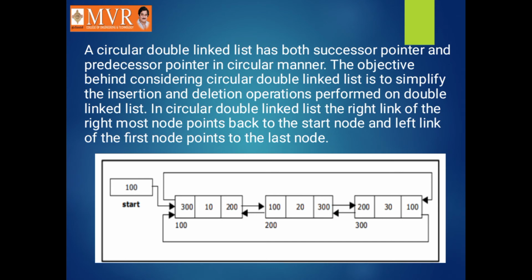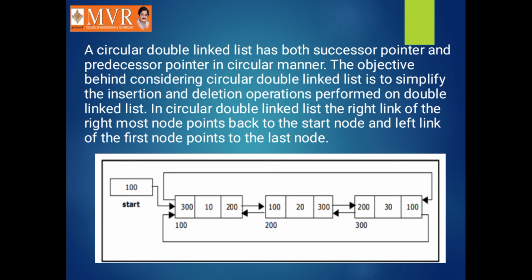Then after that, taking the address of the right link, that is 300, we move to the next node. And here the last node contains the address of the first node instead of null. So a chain or a circular double linked list is formed. This is a pictorial representation of a circular double linked list.